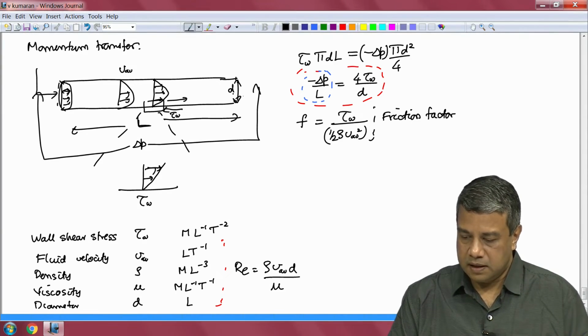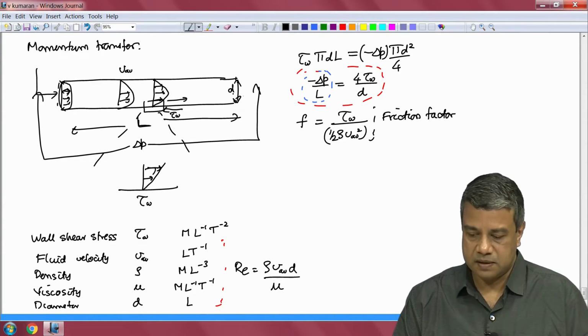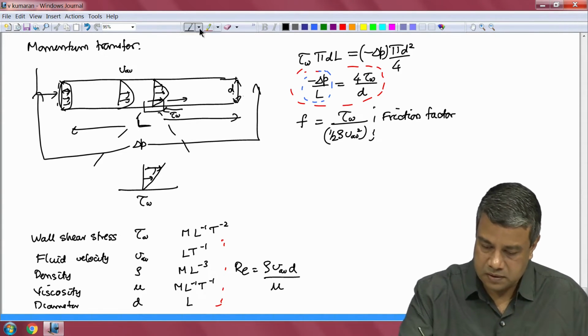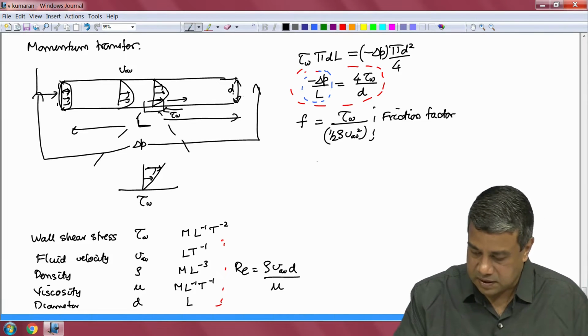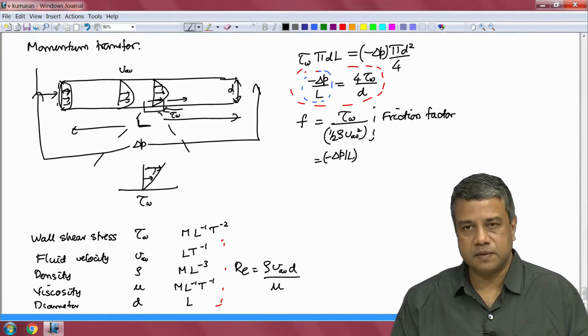And I can use this expression for the relationship between the wall shear stress and the pressure difference to also write this expression as the pressure gradient, the negative sign, pressure difference per unit length.